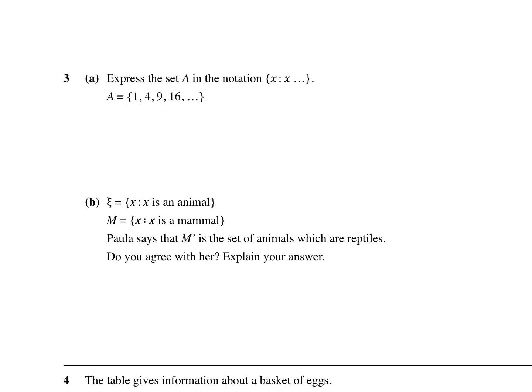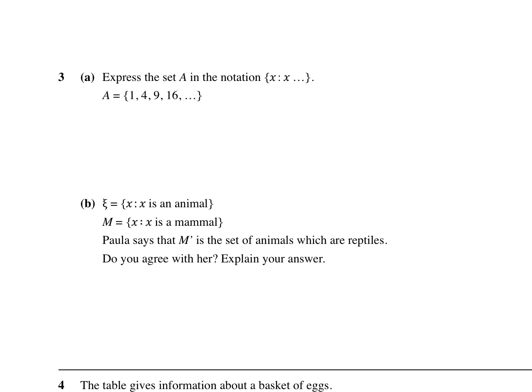Okay, this kind. They say, can you express this in a set builder notation? What are these numbers called? They are not just elements. There's a special type of number. 1, 4, 9, 16. Odd?